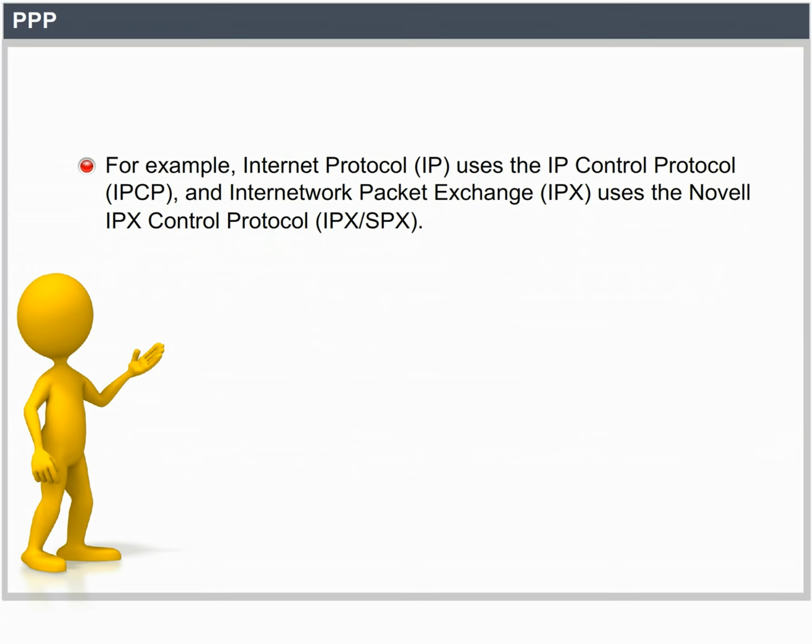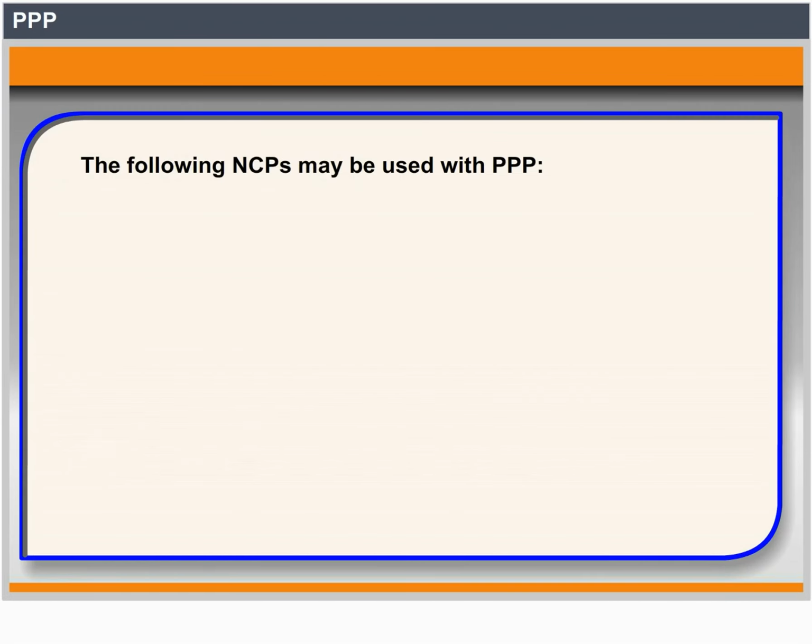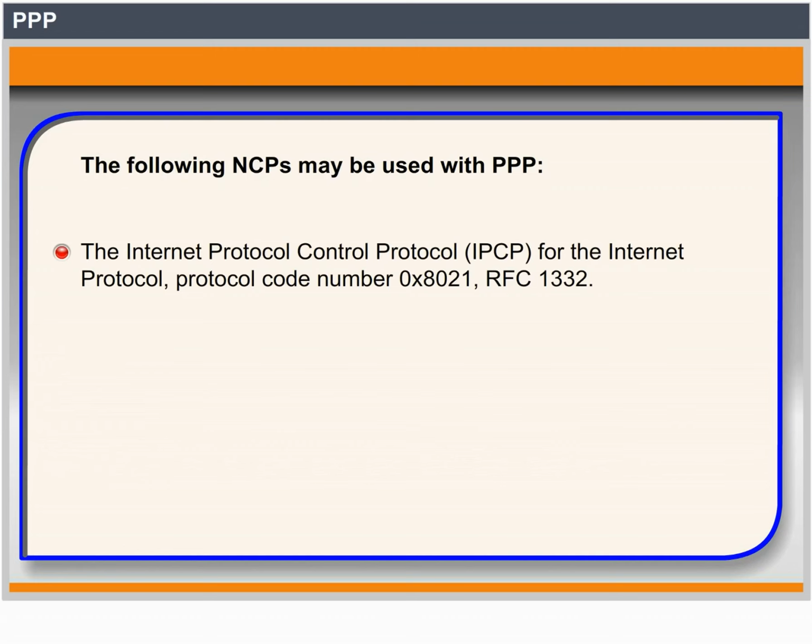NCPs include fields containing standardized codes to indicate the network layer protocol type that the PPP connection encapsulates. The following NCPs may be used with PPP. The Internet Protocol Control Protocol that is IPCP for the Internet Protocol, protocol code number 0x8021, RFC 1332.